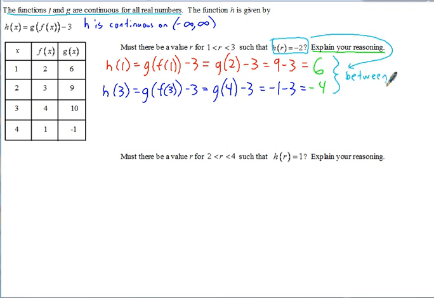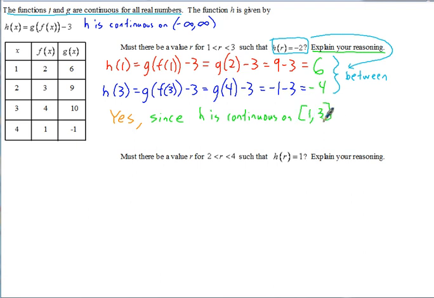So that means that there must be a value where h of r equals negative 2 on the interval, by the intermediate value theorem. So we can say yes. This would be a yes or no question. Since first h is continuous on the interval from 1 to 3.